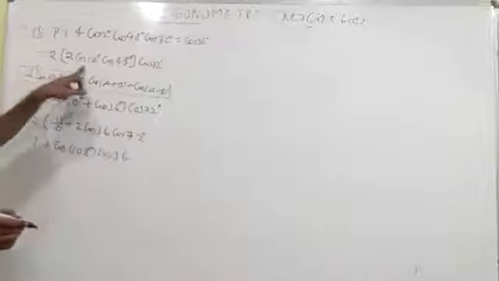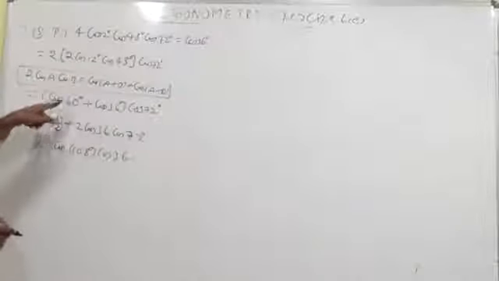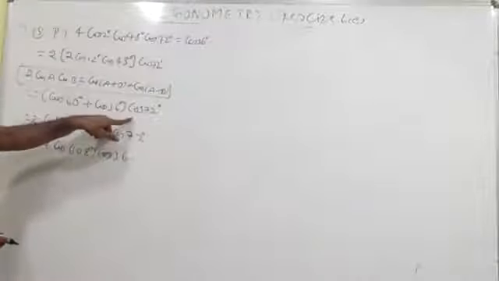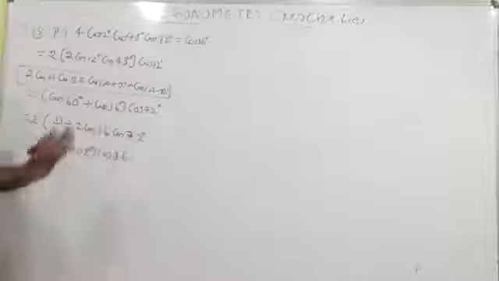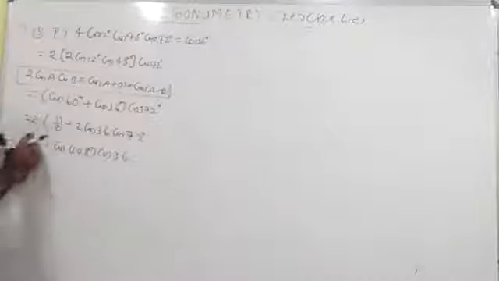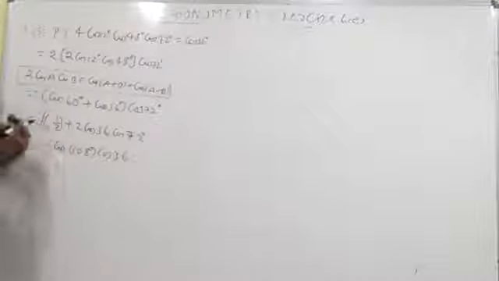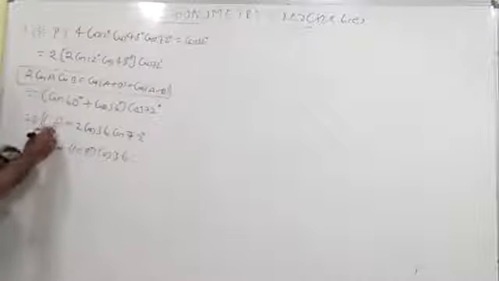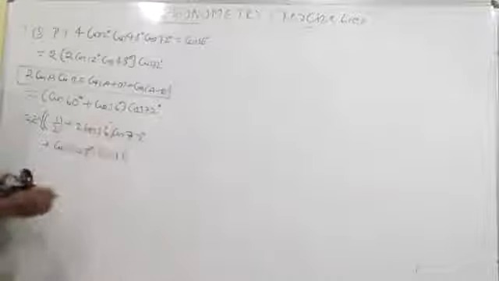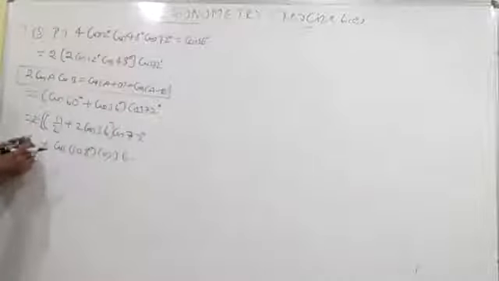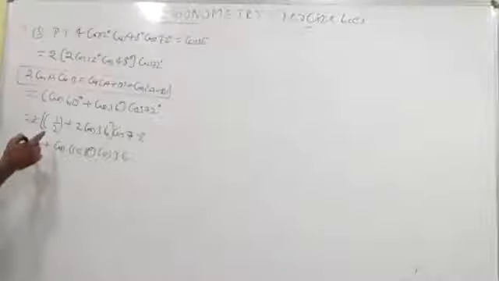Mistake, cos 72 outside that. Oh, again you should multiply. Not only 1. Here you should multiply like this, 2 into. You should not get cancelled. Now we should write cos 72 also. Whenever 2 and 2 get cancelled, no. Next step we can write.